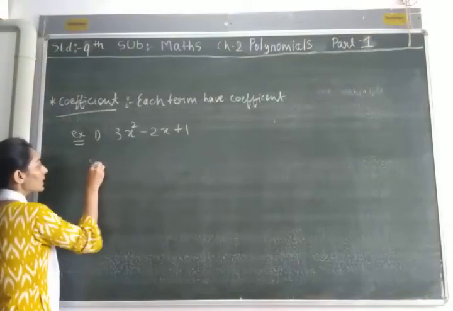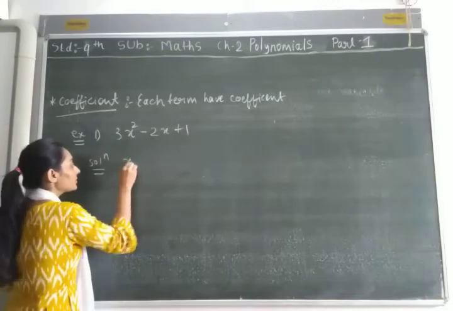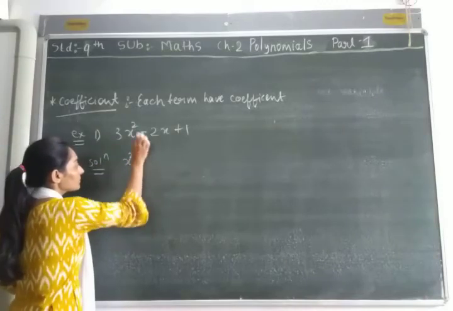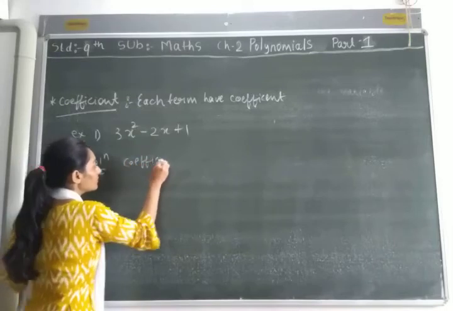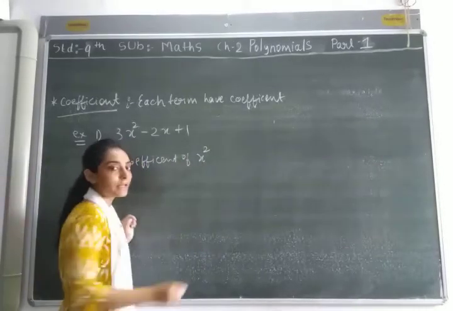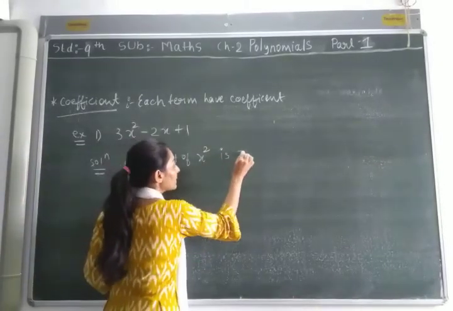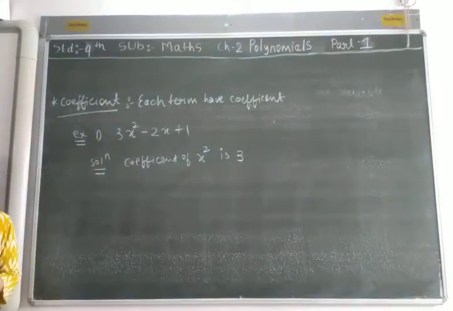In the solution you can write that the coefficient of x square is 3.